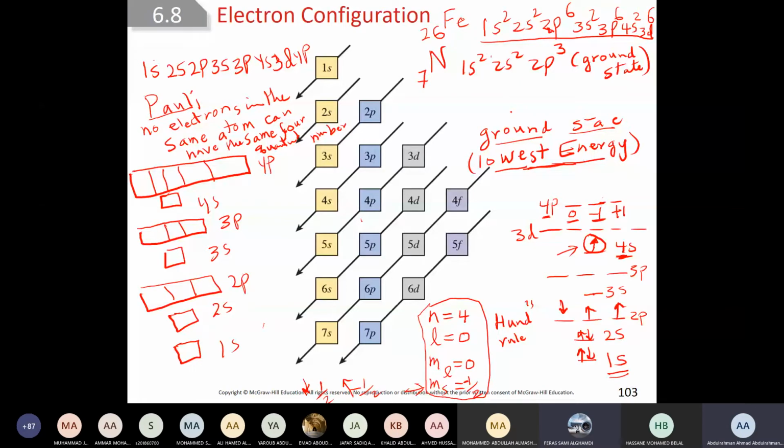Because it's not according to Hund's rule, right? Hund's rule is only for the ground state, but this one is one of the excited states. So it is correct, but it is in the excited state. Is this clear? All right. Let's do something else.